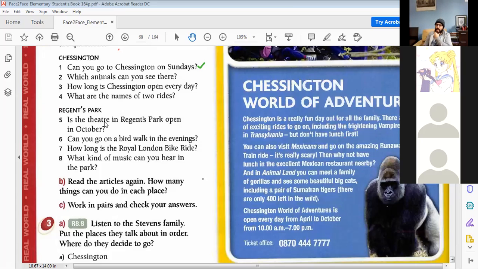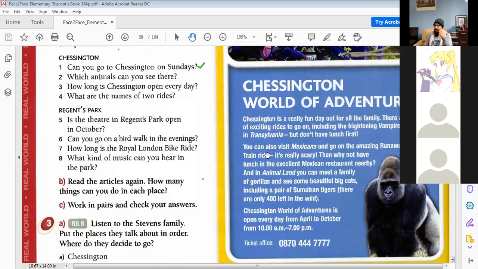Okay, and what are the names of two rides? There are two different rides you can take. What are the names of these two rides? The Amazing Runaway. Correct. The runaway train ride.